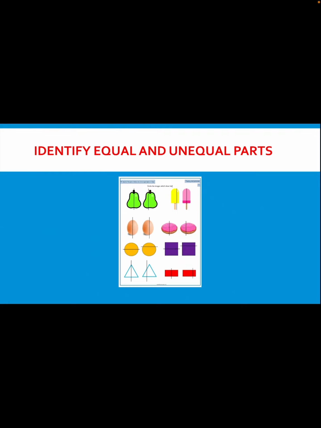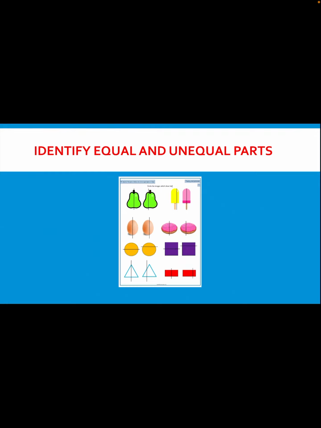That means the papaya is divided into two equal halves. But in the next figure of the papaya, you can easily see that the division is made extremely on one side, so it is not divided equally.